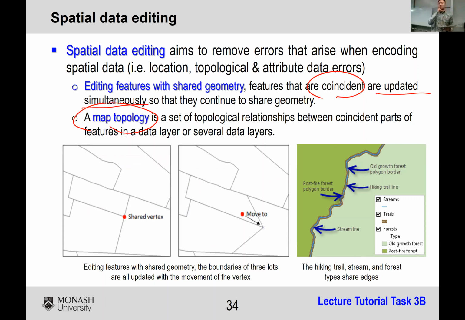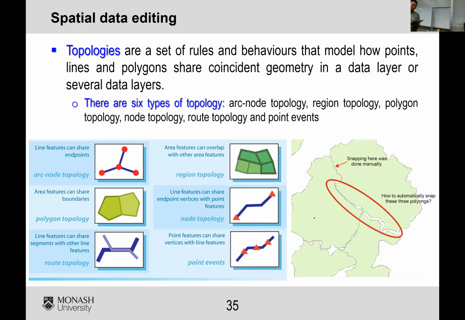So remember we talked about last week, the map topology is used to describe how the points, lines, and polygons share coincident geometry. It can be in one data layer, or it can be the shared geometry on different data layers.